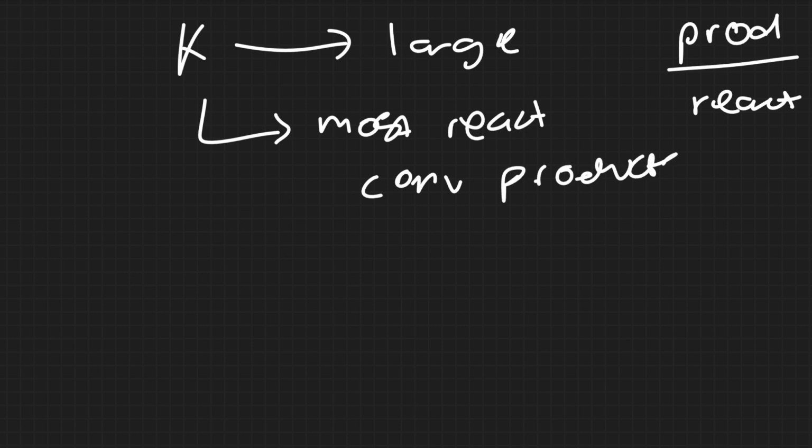So essentially we would consider this product favored. A large K value could be if K is greater than 10, something like that.